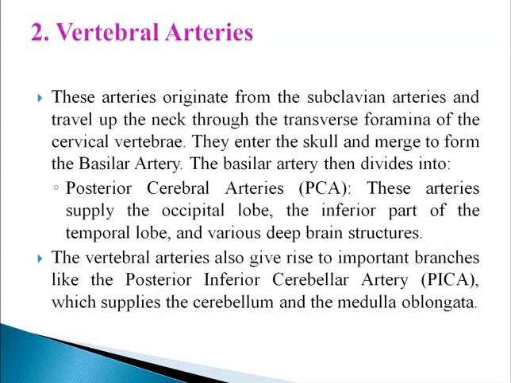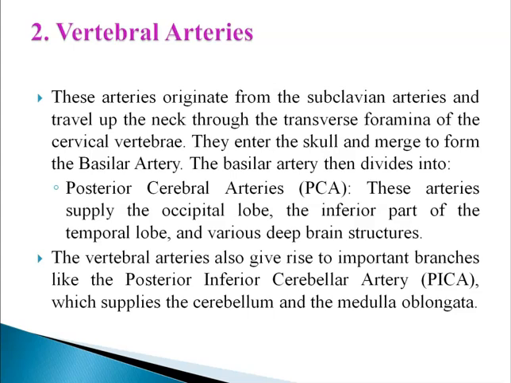The next artery is the vertebral arteries. These arteries originate from the subclavian arteries and extend up to the neck through the transverse process of the cervical vertebra, that is through the foramen transversarium. They enter the skull and merge to form the basilar artery. The basilar artery then divides into posterior cerebral arteries, that is PCA.